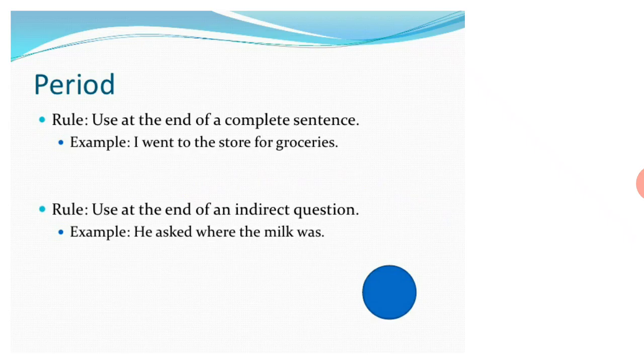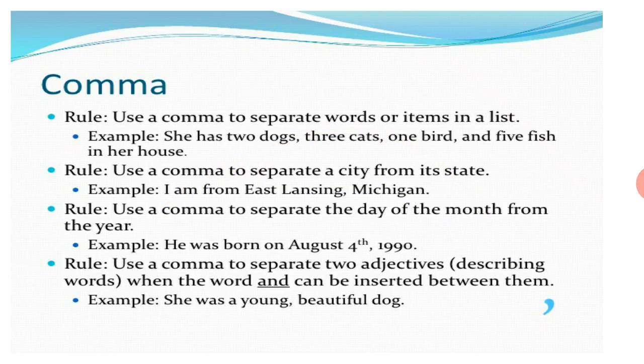Now next one, comma. Rule: use a comma to separate words or items in a list. If they are in a list, you have to put a comma. She has 2 dogs, 3 cats, 1 bird, and 5 fishes in her house.